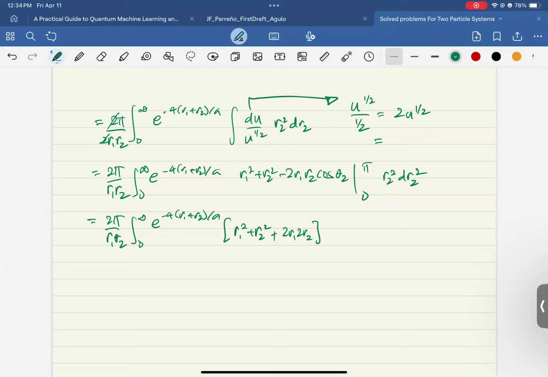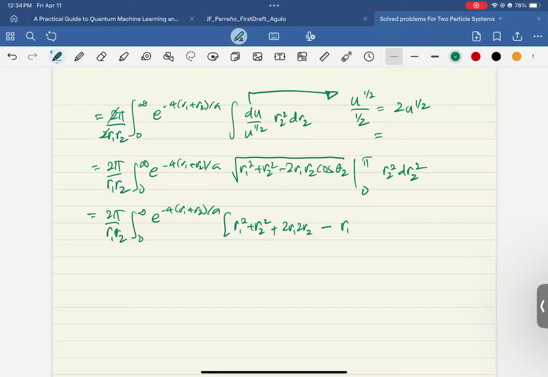And then minus r1, square root. Huwag natin kalimutan yung square root. r1 squared plus r2 squared. And then 0, cosine ng 0 is 1. So we have minus 2 r1 r2. And then square root. Okay, tapos r2 squared dr2.